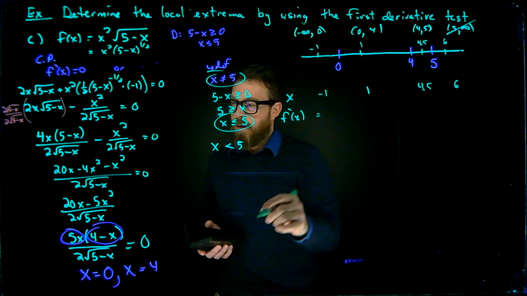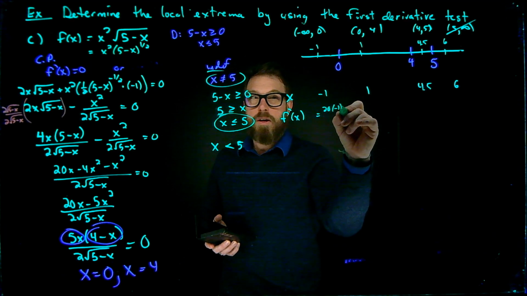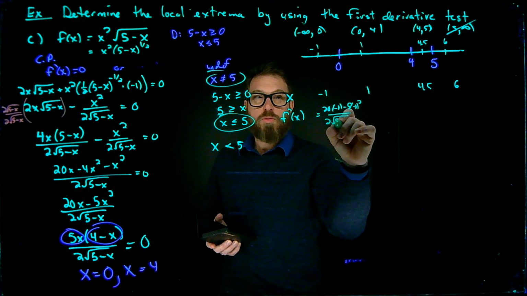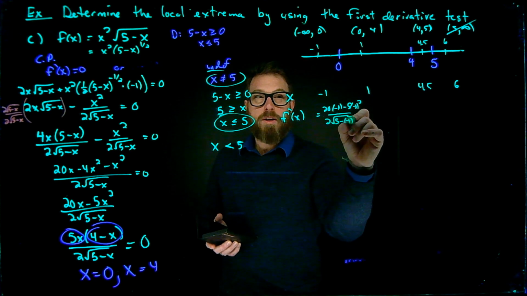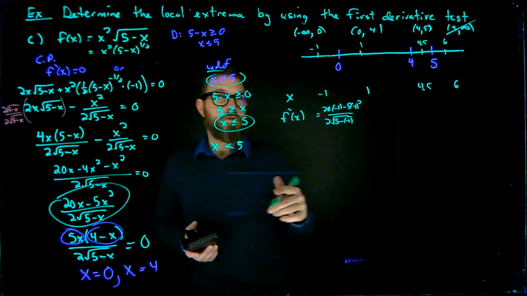So again, plugging into the derivative is going to be equal to 20 times -1 minus 5 times -1 squared, all over 2 times the square root of 5 minus -1. Using this, or you can use this one, it's up to your choice here.